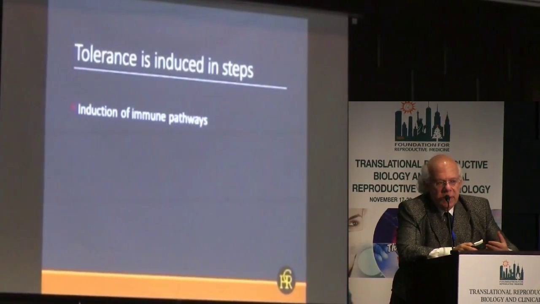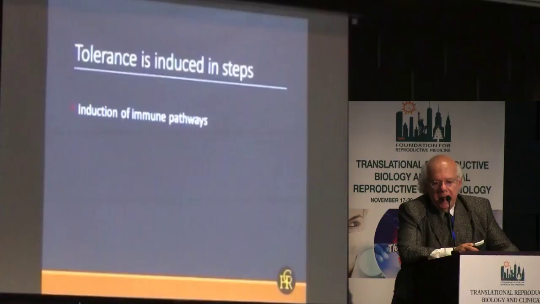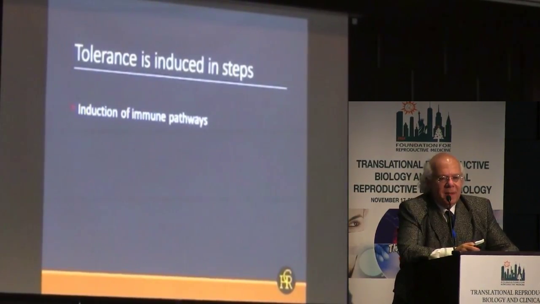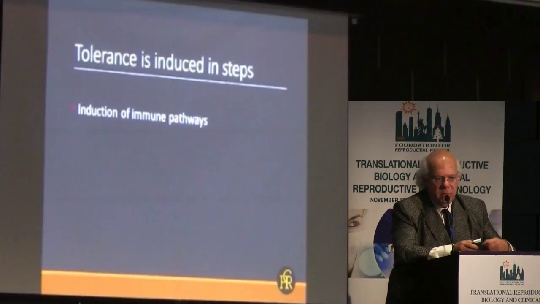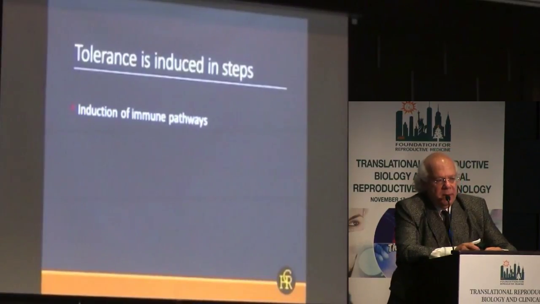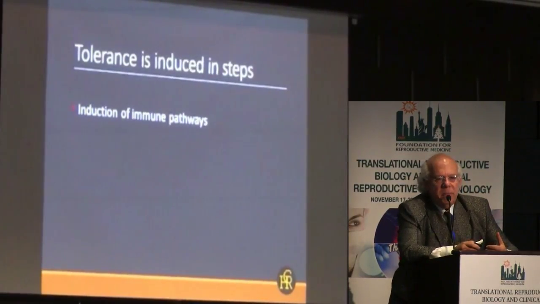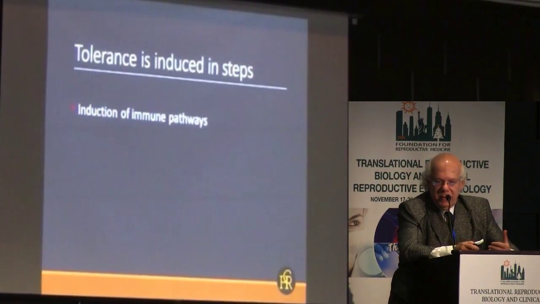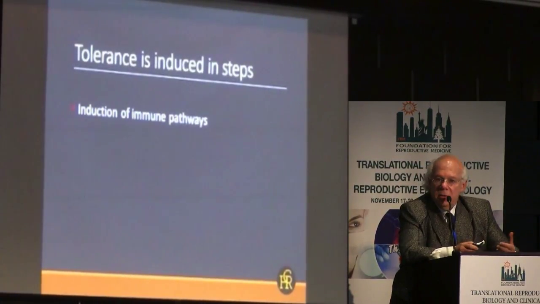Now, I told you earlier that I would go a little bit more into the induction of tolerance. And it is important for you to understand that the tolerance that is induced in a normal pregnancy is a stepwise process. And the first one is innate. It is probably initiated already long before that little embryo is trying to implant, simply by intercourse.